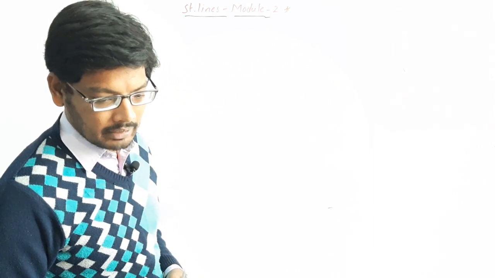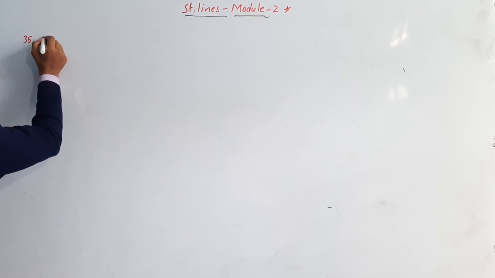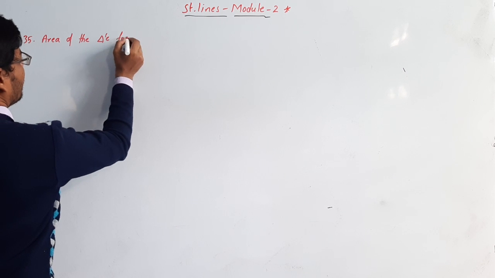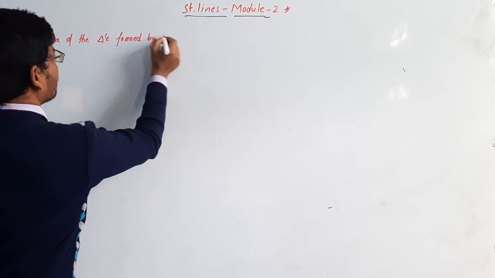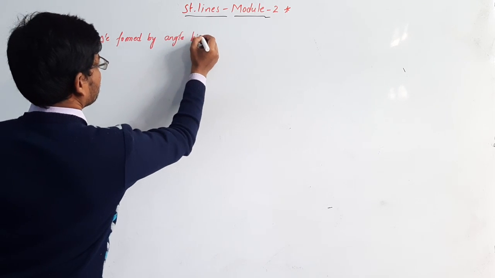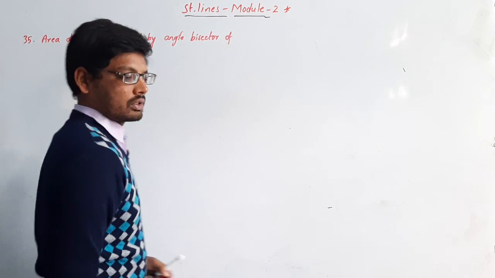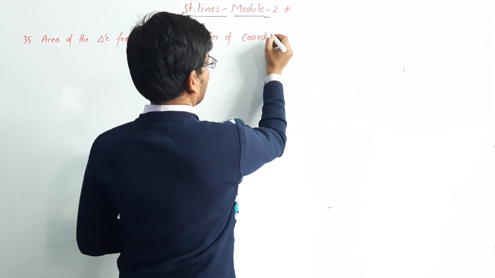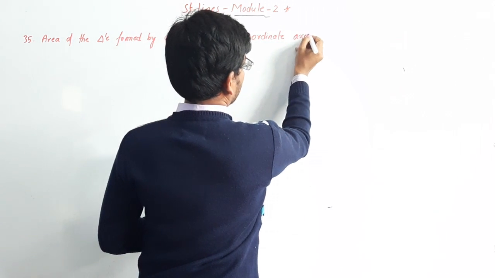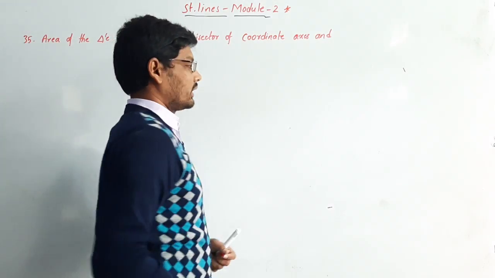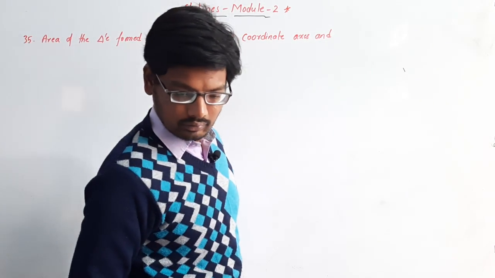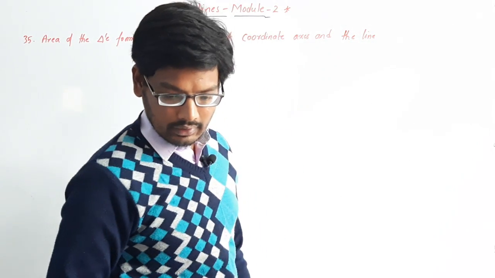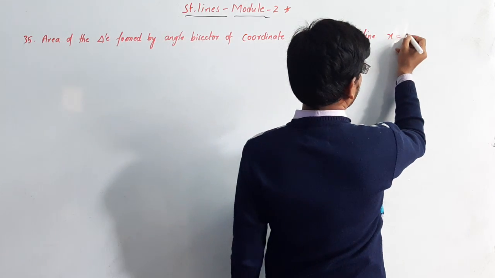Area of the triangle formed by the angle bisector of the coordinate axis and the line x is equal to 6 in square units.